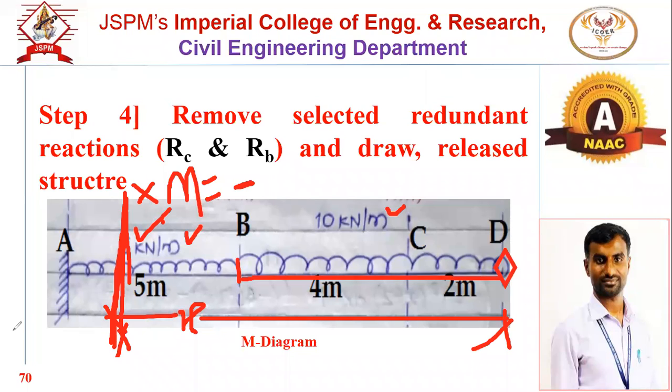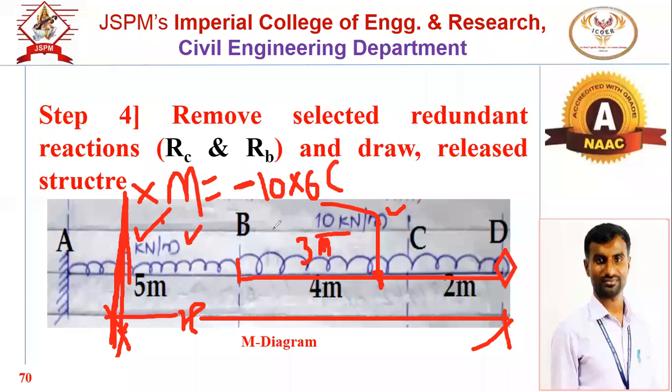How much? 80 is the point load. 10 into 6. UDL is 10 and the span is this 4 plus 2, 6. That is the point load. Okay, 10 into 6, this is the point load. Where will it act? It will act at the center. This is the point load of 60. This is now 3 meter.